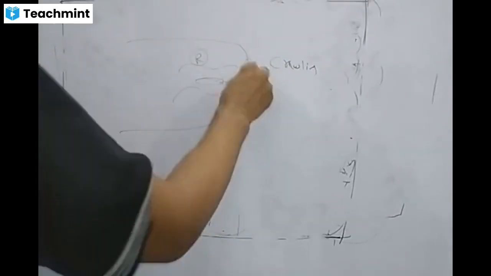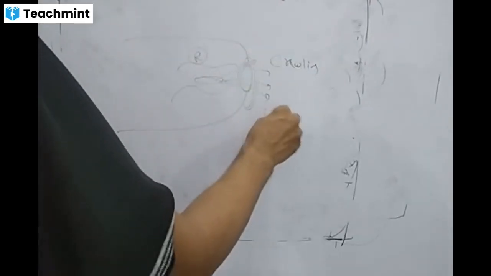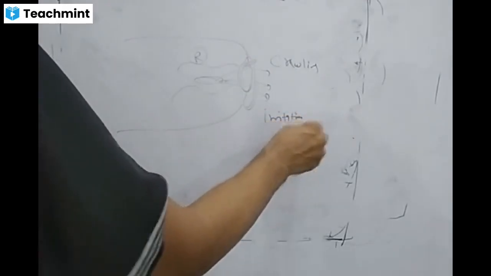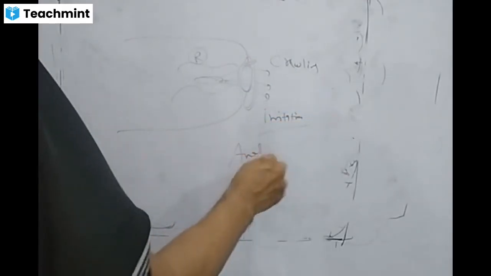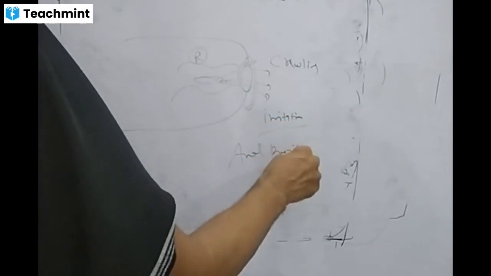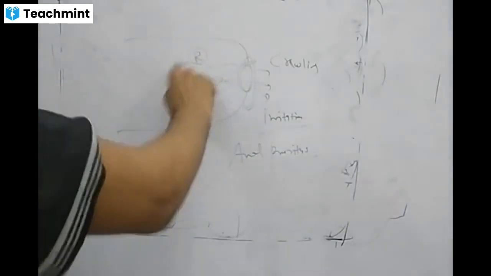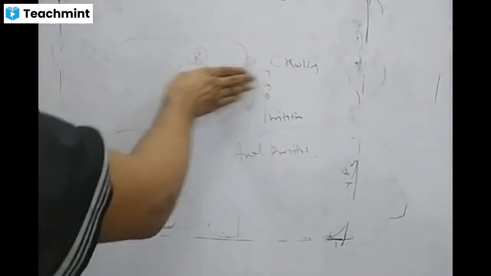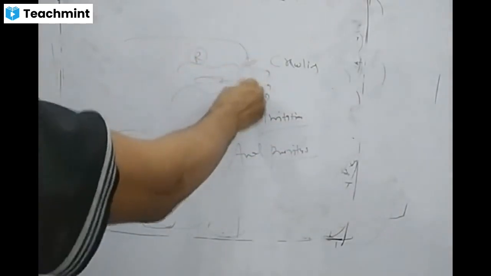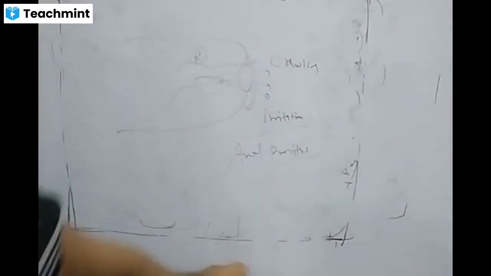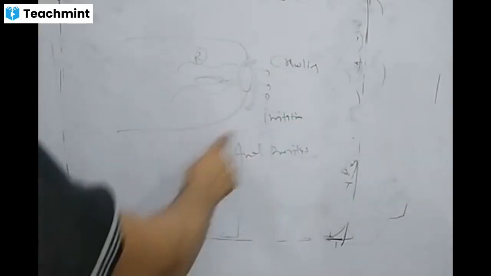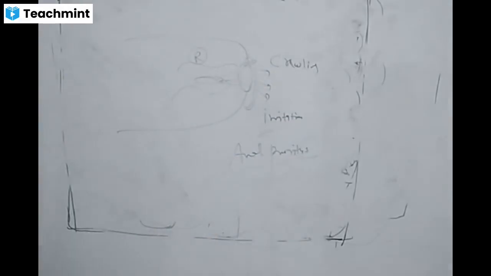In this perianal region, it causes irritation. So we call it anal pruritus. So this is the female worm present in the large intestine. When it comes out, when it crawls around this anus region, it causes irritation called anal pruritus.